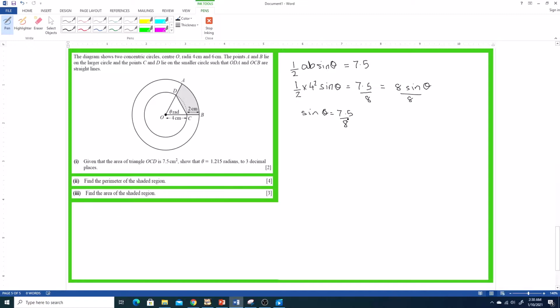Then I can do theta equals sine inverse of 7.5 over 8, in brackets.